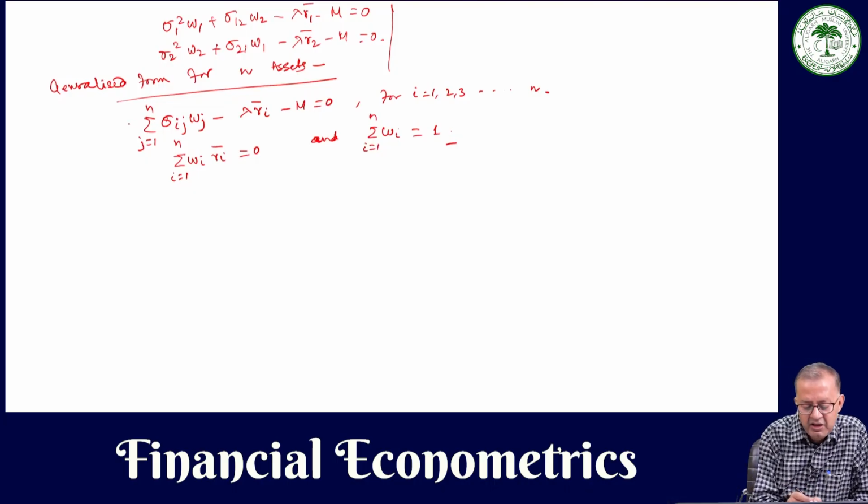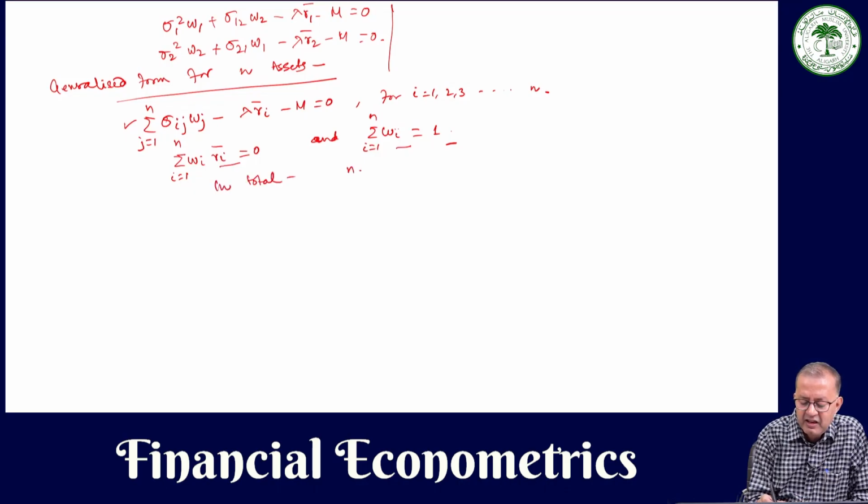So we will have n equations from here, and two equations over here. So in total we have n plus 2 equations with n plus 2 unknowns.